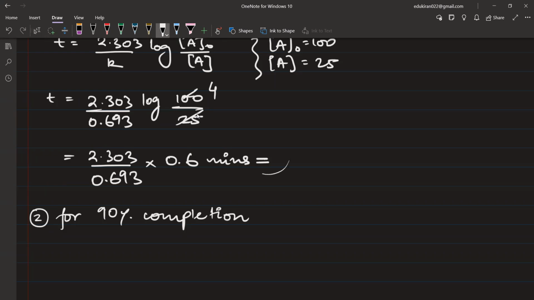This will be equal to 1.99 minutes, approximately equal to 120 seconds.